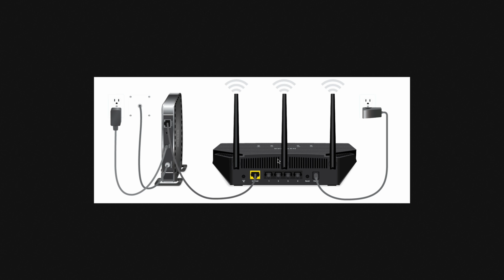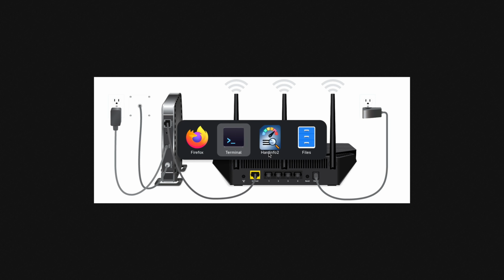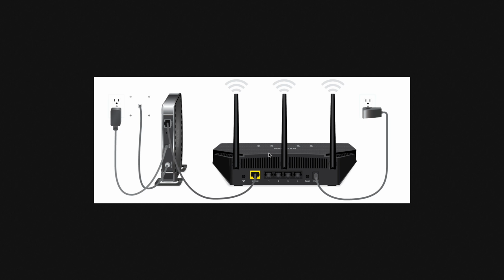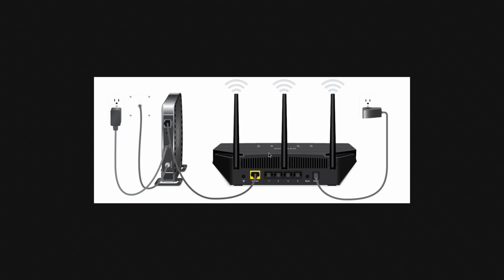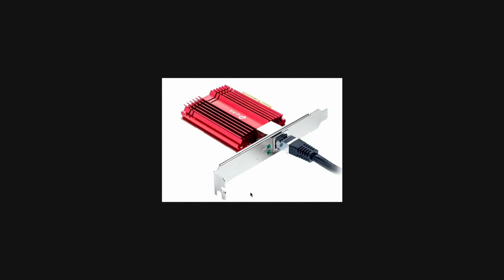However, you can do the same thing without this box if you have a Linux machine with a couple extra Ethernet cards. You only need two connections. One card that goes to the ISP, however they give you your IP address. You have an Ethernet cable that goes to your router.